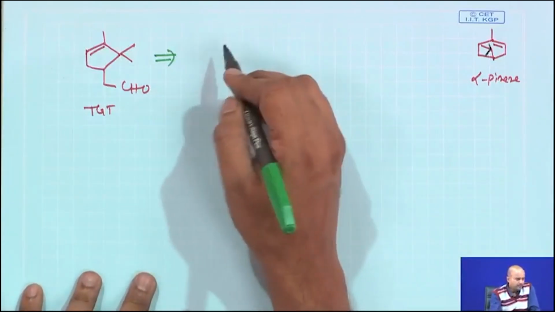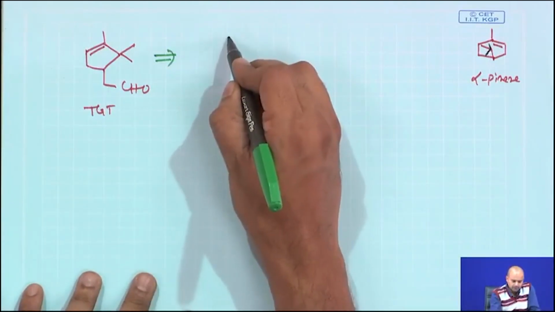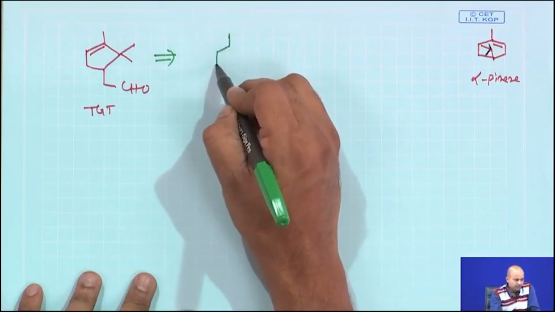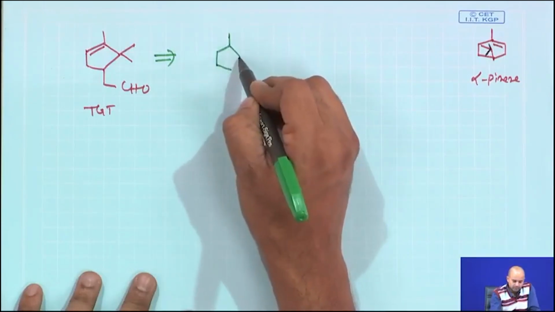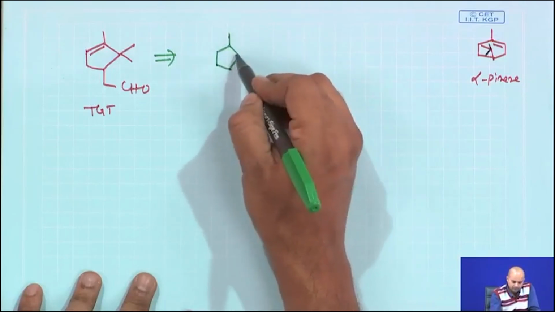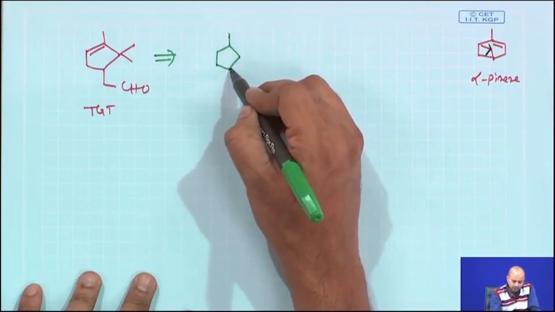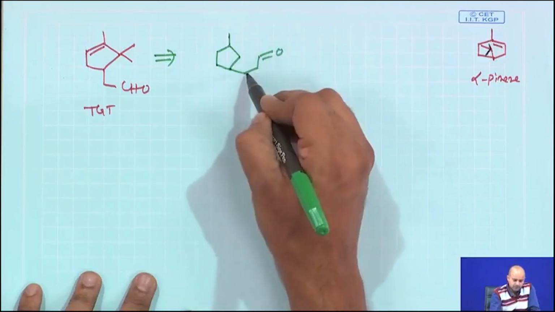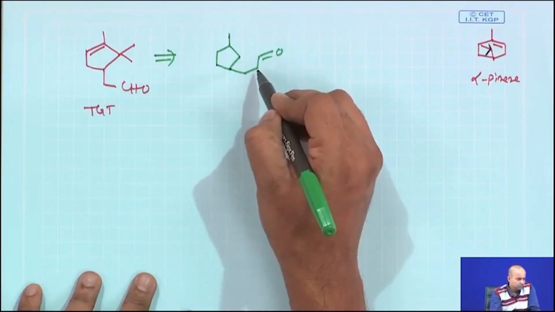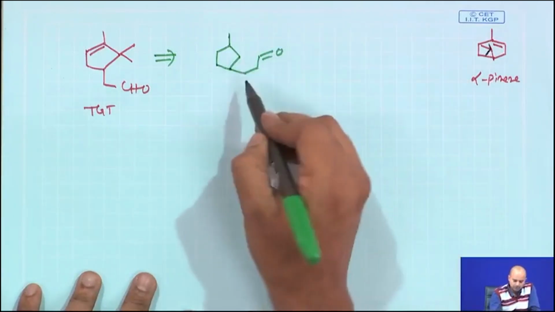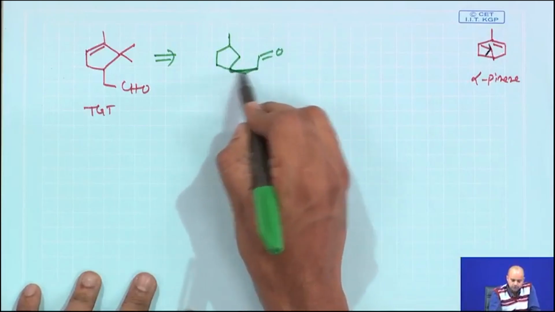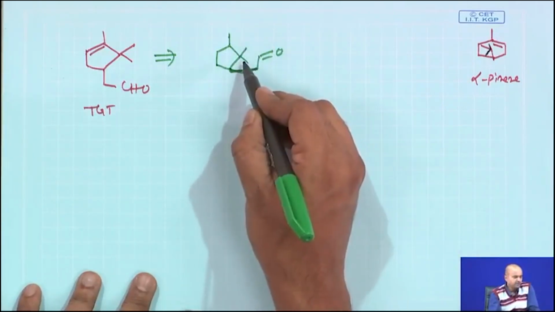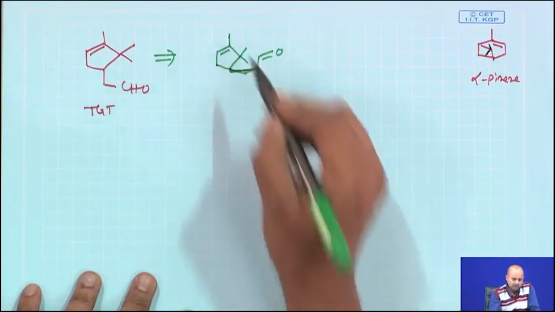Now, what I do, we write this particular cyclopentane-based compound in a different way. Let us write this compound, CH2, oh sorry, it is 1 carbon less, it is basically CH2CHO, and then this methyl, you have a double bond.